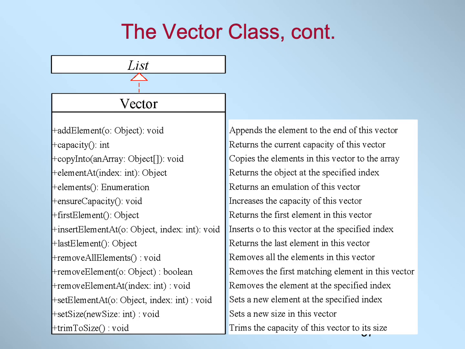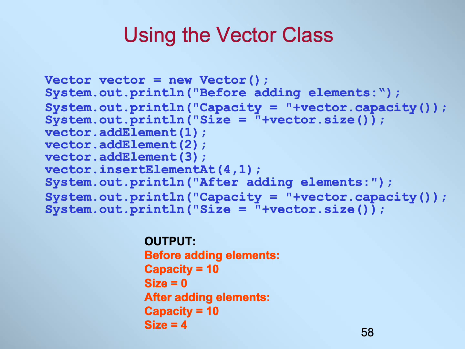Some of the methods in the Vector class include addElement, capacity, elementAt, and many more. You can refer to the Java API for the whole list. Vector also has the add method that we have been using so far. To use the Vector class, we would write Vector vector = new Vector.